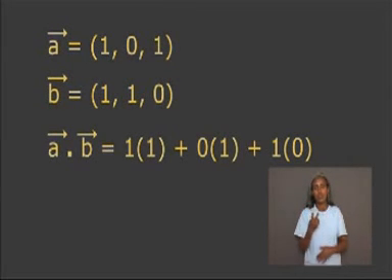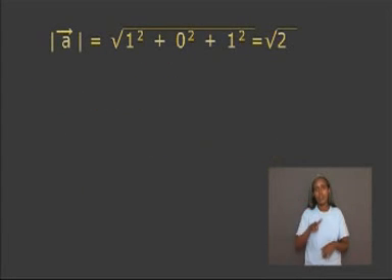The scalar product of both vectors is equal to 1 times 1 plus 0 times 1 plus 1 times 0. In other words, it is equal to 1.